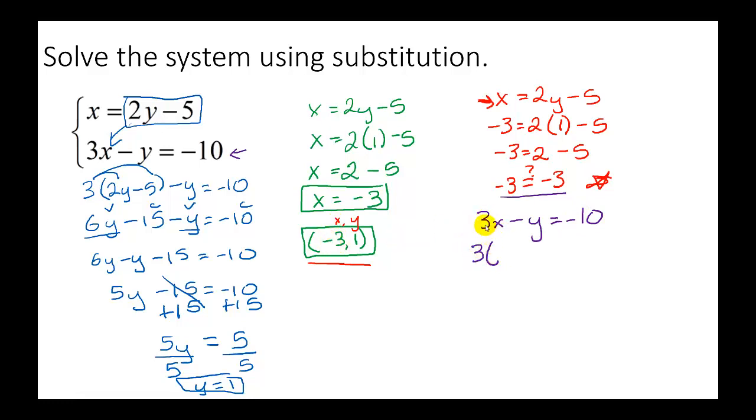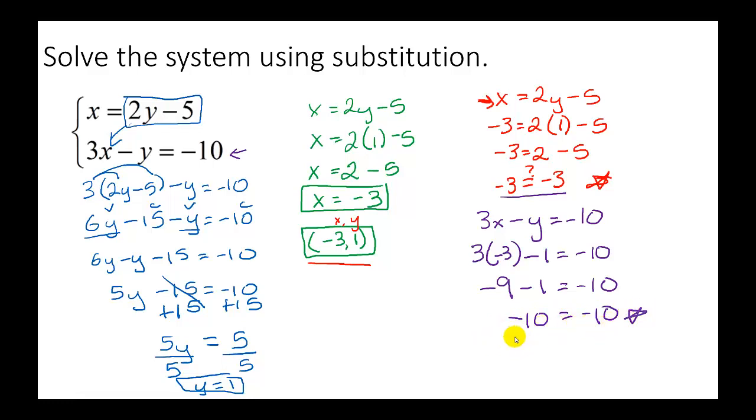So instead of 3 times x, it's 3 times negative 3 minus a y, which is 1. That's equal to negative 10, maybe. 3 times negative 3 is negative 9, and we bring everything else down. Negative 9 minus 1 is negative 10, and that's equal to negative 10. Does negative 10 equal negative 10?